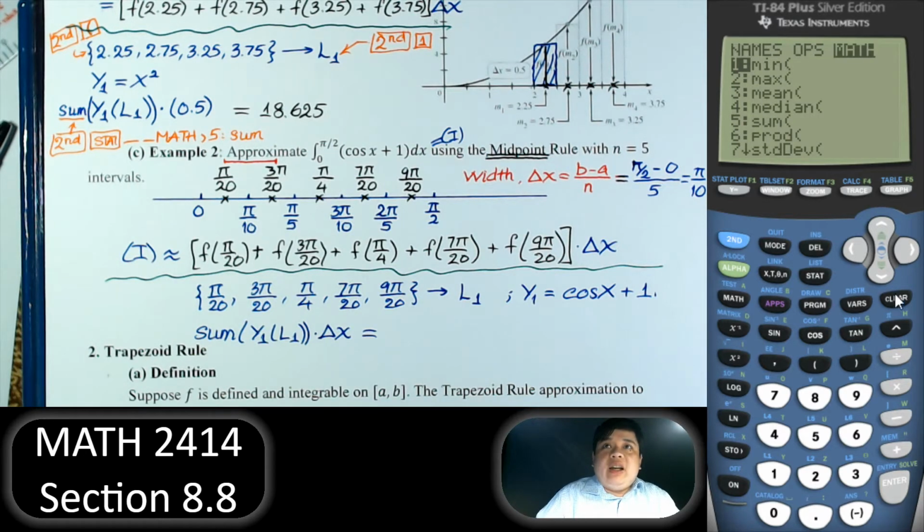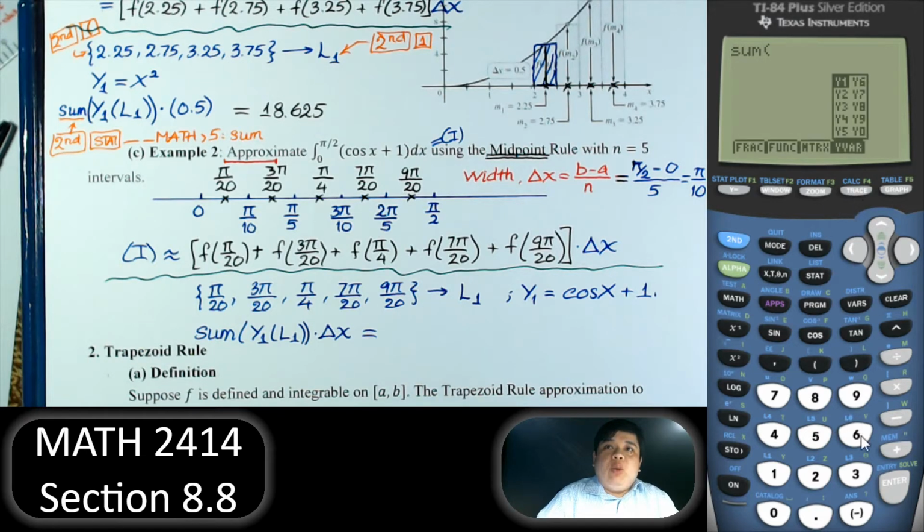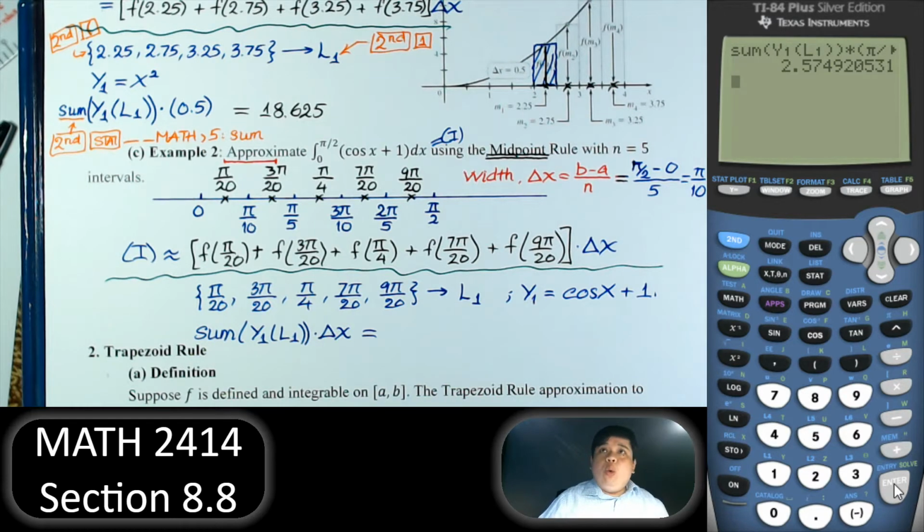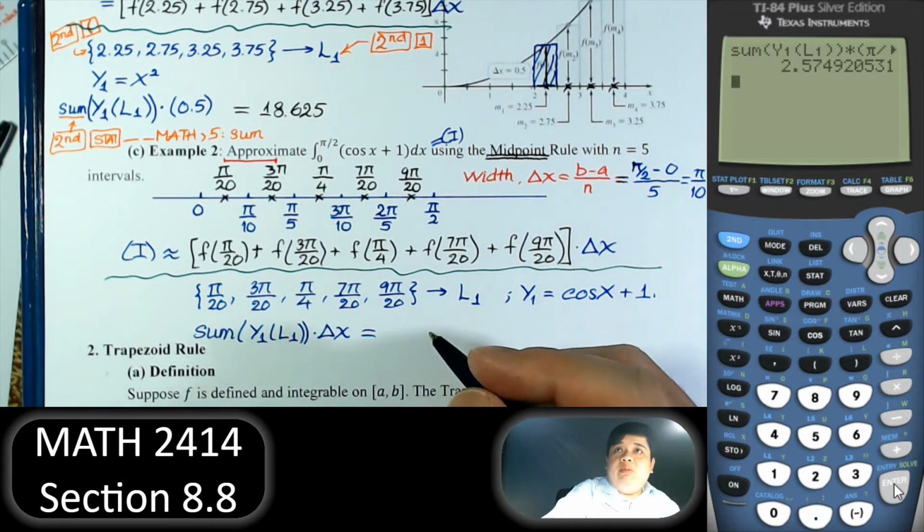And then second stat, go to math, option number 5, alpha trace y1, second one, this one, times, open parentheses, pi divided by 10. That is 2.57.